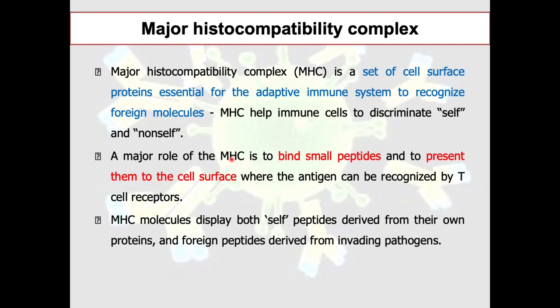Every nucleated cell has MHC. It is a signal or identification, like an IC, saying: I come from your body, so please don't kill me. I will explain it to you later in MHC1 and MHC2 types.